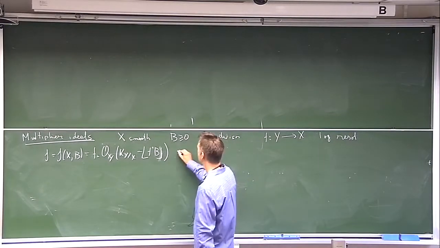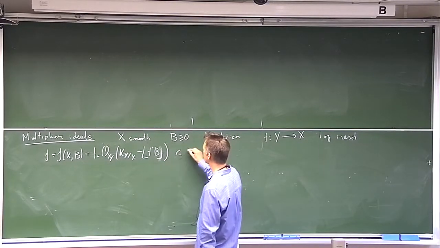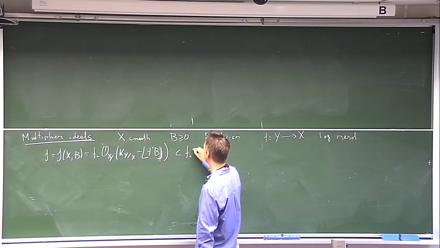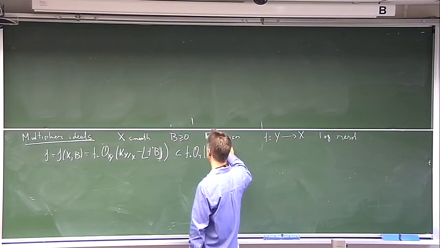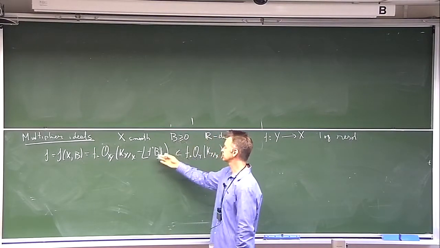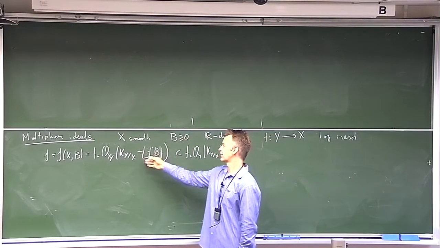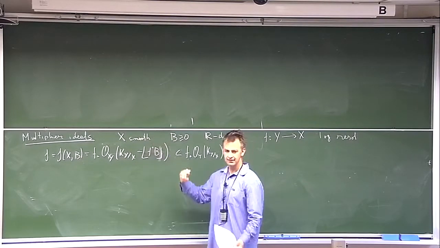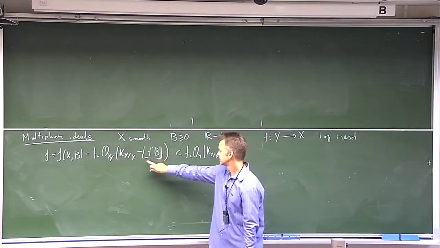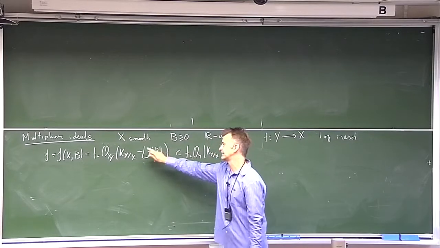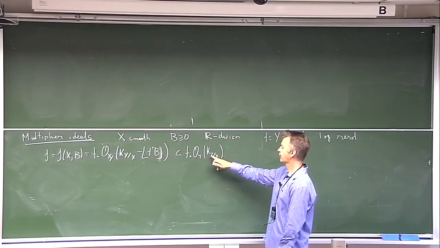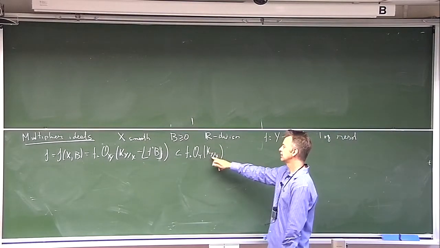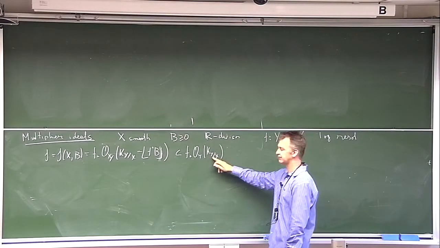So now, the first thing we observe is that clearly this is contained in the pushforward of O_Y(K_{Y/X}), right? This B is an effective divisor, so its pullback is effective. The round down is effective. Minus that, you have an inclusion from here to here just by adding this effective divisor. Since I assume that X is smooth, K_{Y/X} is an effective and exceptional divisor automatically.